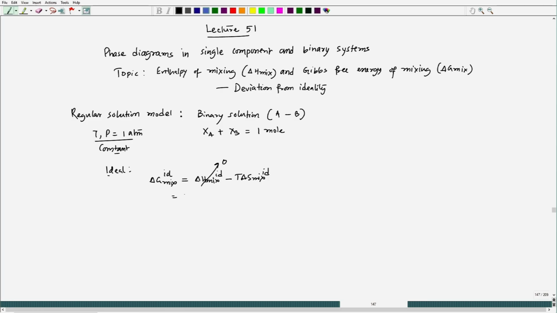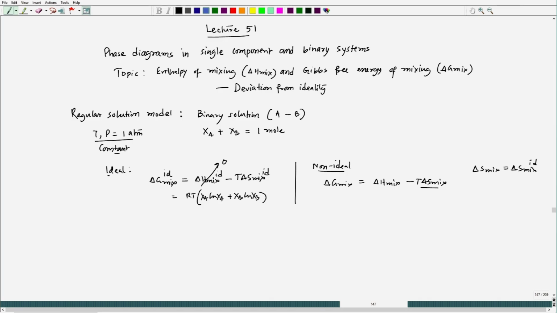So, it is nothing but R T times X A ln X A plus X B ln X B. And for a non-ideal system, we see that delta G mix equals delta H mix minus T del S mix, where del S mix in the case of non-ideal is equal to del S mix ideal.